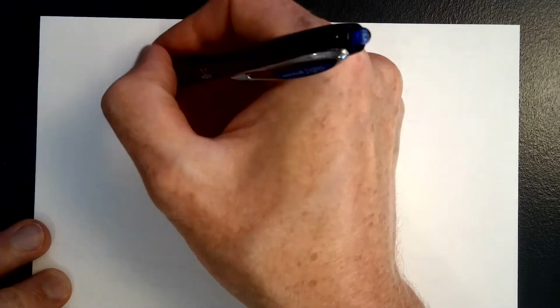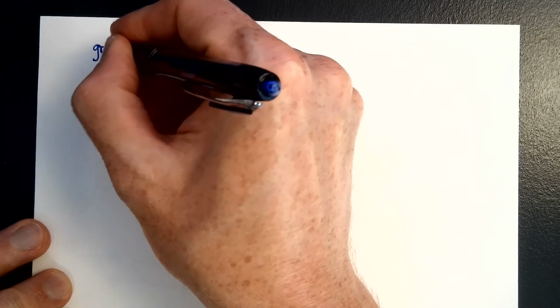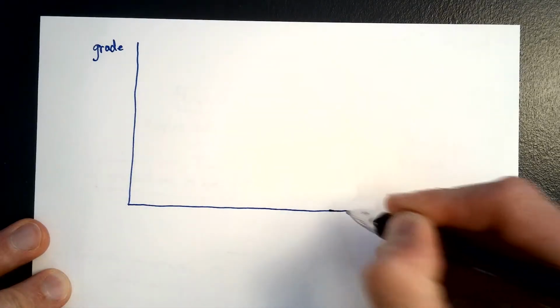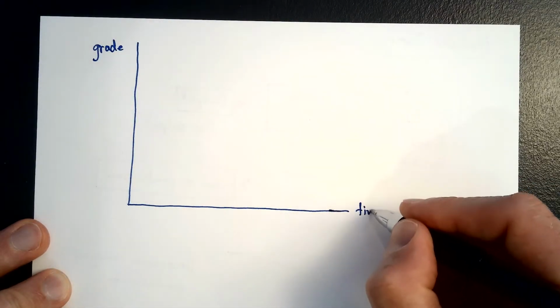So let me illustrate what we have just seen about the efficient and inefficient points. And for this, I will come back to the example where you're producing a grade in a college class. The grade is your output and your input is time.